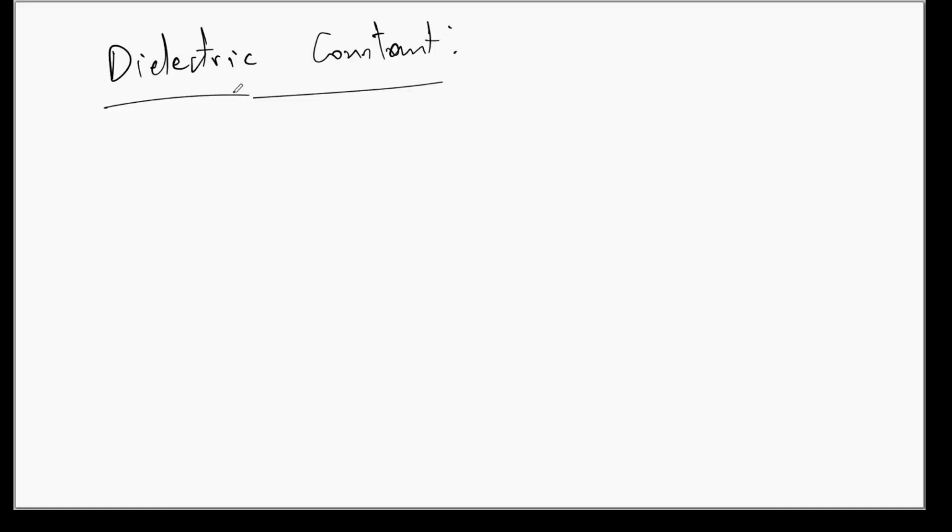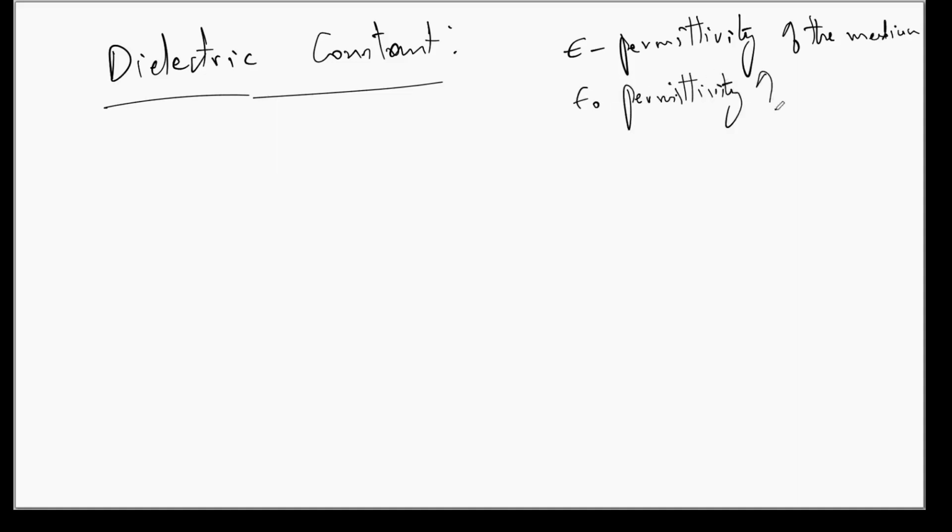Now we shall see the dielectric constant. The dielectric constant is the ratio between the permittivity of the medium to the permittivity of the free space. If epsilon is the permittivity of the medium and epsilon 0 is the permittivity of free space, then you call the dielectric constant epsilon r as epsilon upon epsilon 0.